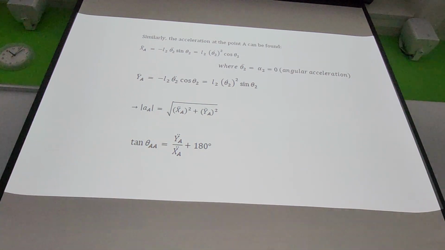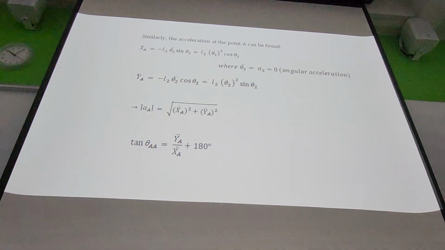Okay. Then the second derivative of xA gives you the acceleration A component. Here theta 2 double dot is nothing but the angular acceleration of link 2, which is given as 0.